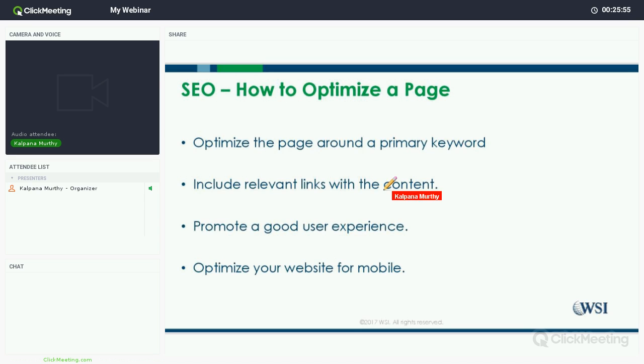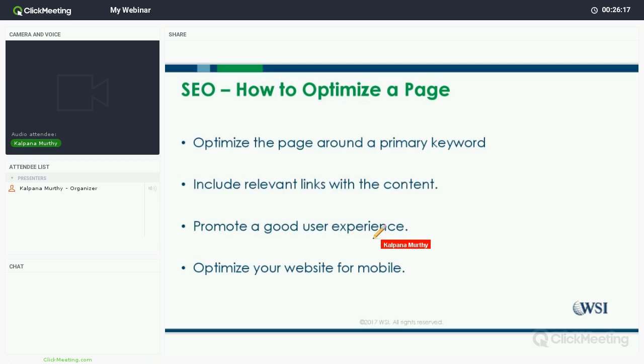Include relevant content with links. These are links, maybe internal links to other pages on your website for more information on that topic, or it can be a link going to an external website that can be useful in your prospects' research as well.